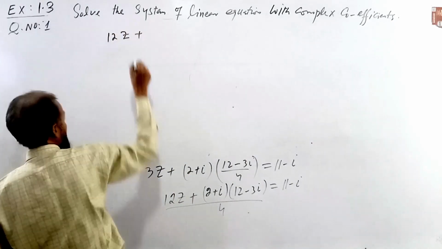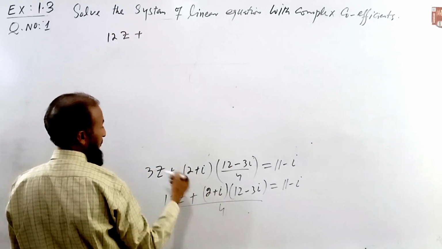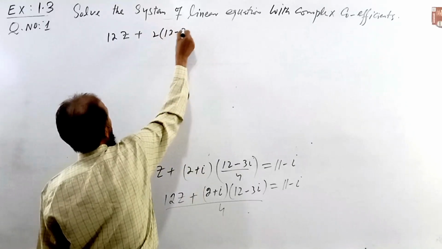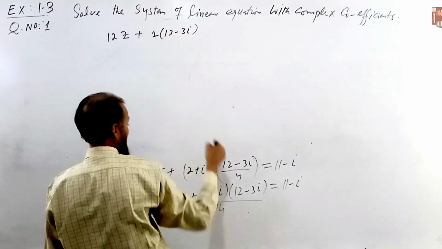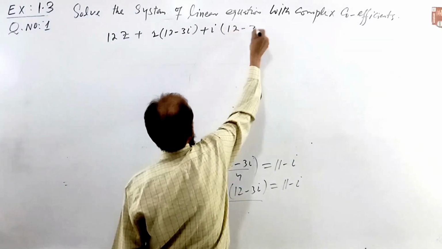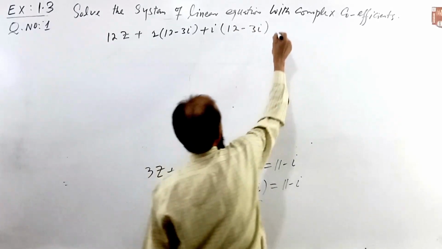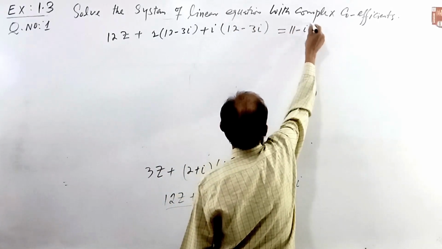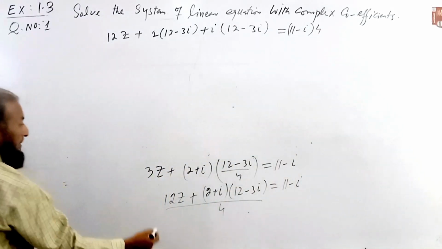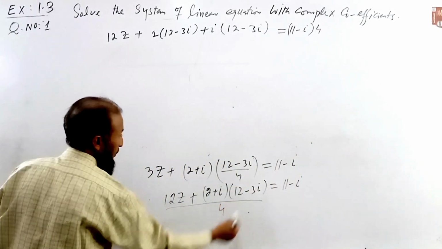12z plus, we can open this one: 2 into 12 minus 3 iota plus iota into 12 minus 3 iota, is equal to (11 minus iota) into 4, means that we multiply here by 4 and here both are cancelled.